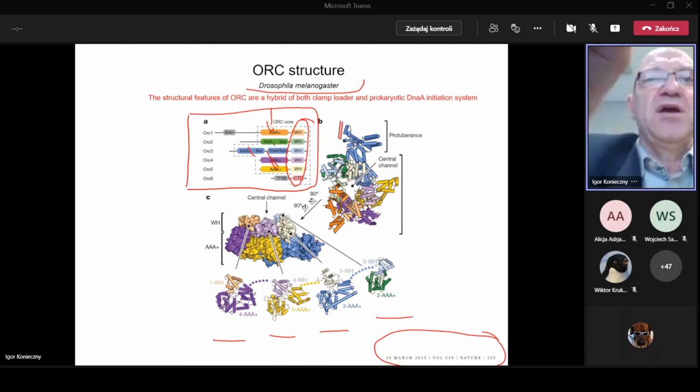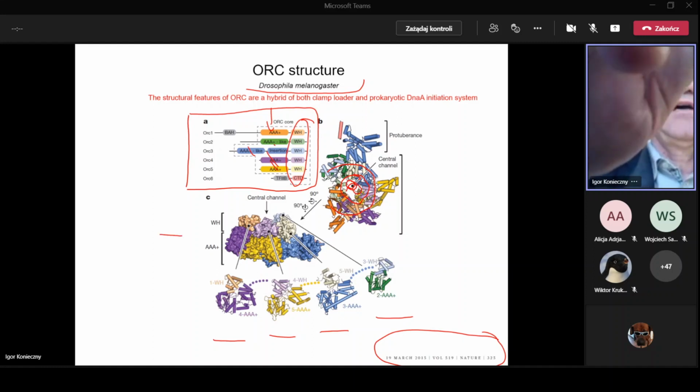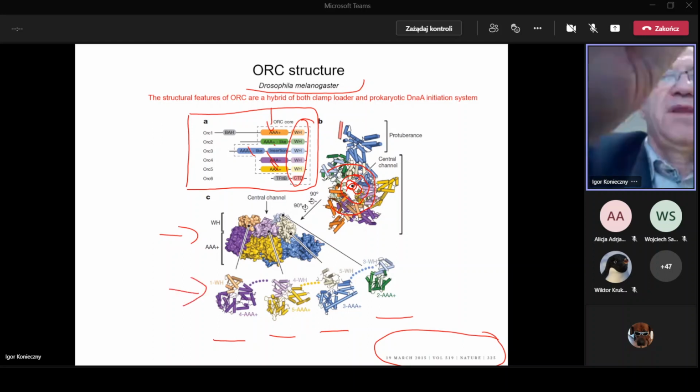But when you look at the complex, they form a kind of ring with a central channel inside. So we can expect the DNA could be placed in here. And then when you look at the side view, you have to compare this with this one.